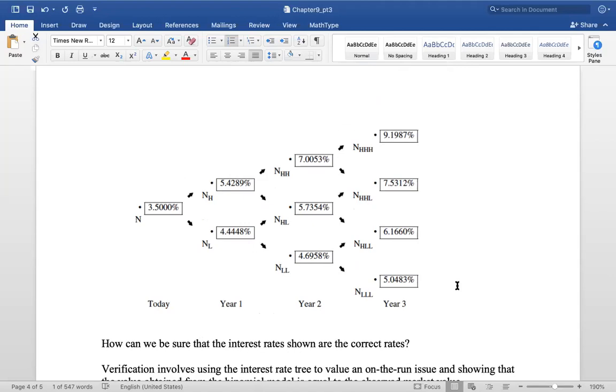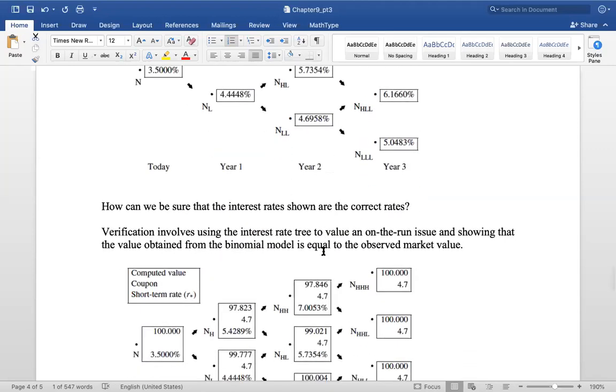It is a tree which shows the 1-year spot rate up to 4 years by assuming interest rate volatility of 10%. We are not going into the calculation of these interest rates, we are just understanding the logic of how they come into force.